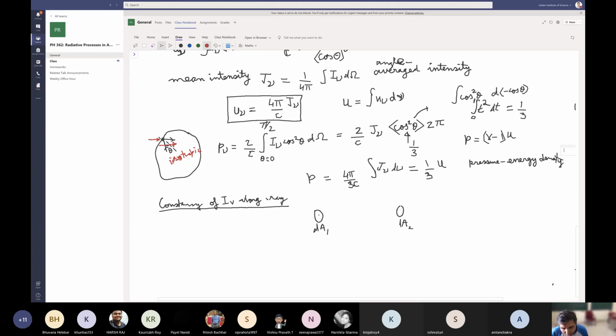I consider all the photons that come from here. No, my drawing is not quite up to the mark on this. I'll try again. I want to connect this. Oof, it's not easy.